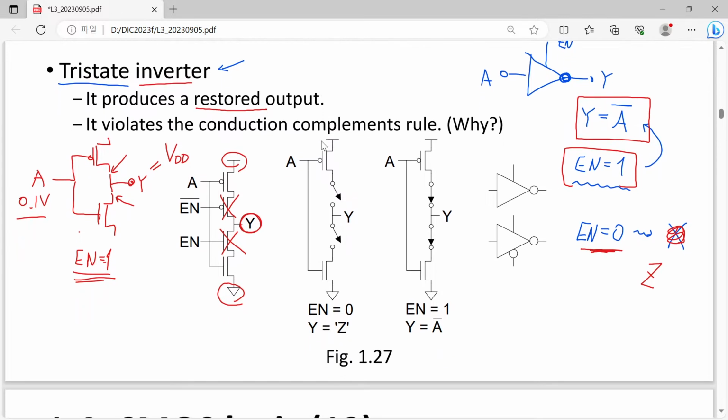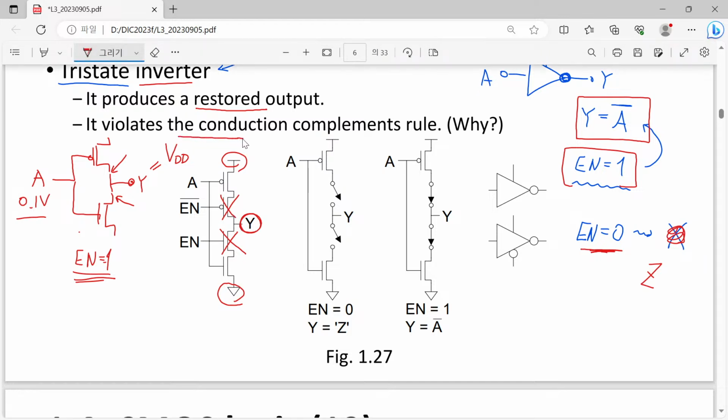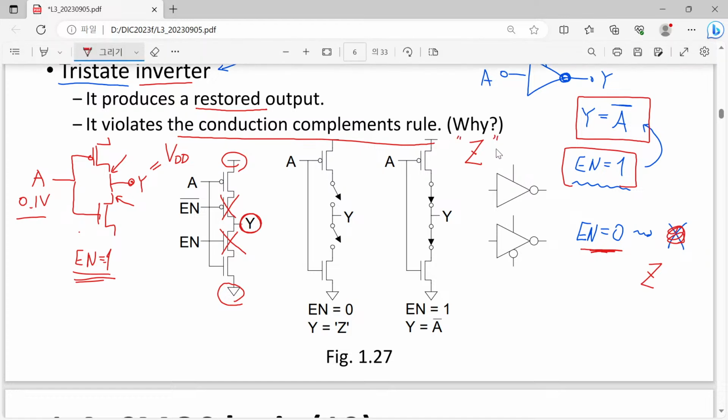And I wanted to say that this circuit certainly violates the conduction complement rule. Please note that when we follow the conduction complement rule, only one of the pull-up or pull-down circuitry is turned on. However, we intentionally wanted to introduce the third state called Z or floating.